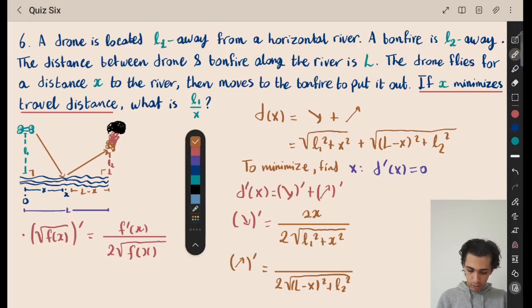But okay, so you get this is 2, and the derivative of this is what the expansion is: L squared minus 2xL plus x squared. And this is a constant, so its derivative is 0. This is a constant, so its derivative is 0. And this is minus 2L, and then this is 2x.